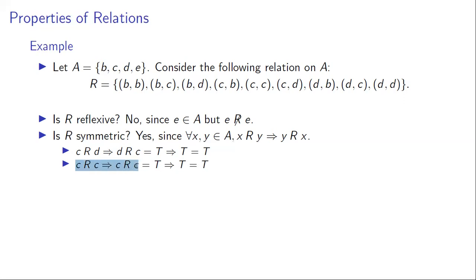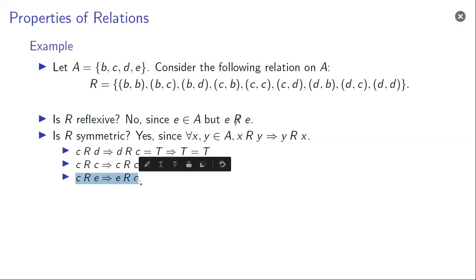Okay, next, what about this? Again, in order for R to be symmetric, this expression has to be true. It says that if C is related to E, then E is related to C. Is this expression true? Well, let's break it apart. If C is related to E, is that true?